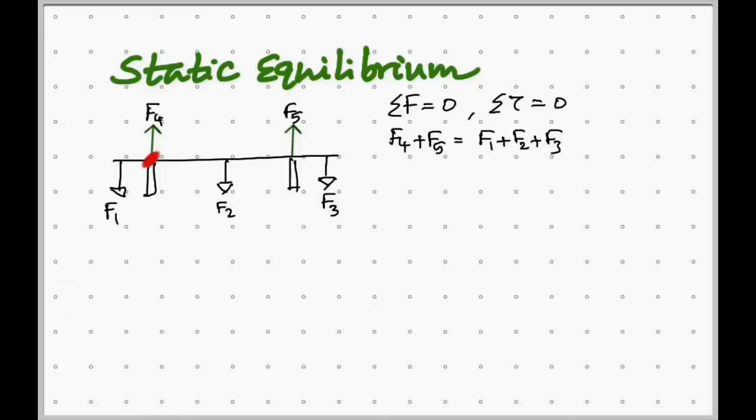Because if you decide to calculate the torque about that pillar, what is the torque due to F4? What is the perpendicular distance between F4 and that point? The radius is 0. Correct. So that way you got rid of one unknown. So be careful on that.